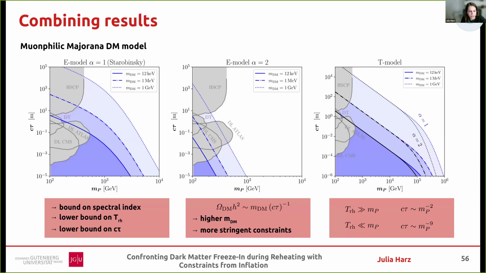And this is then what you see in this plot: even if I would not overproduce dark matter, I can only do it with a reheating temperature that is too small to be in agreement with the range of the spectral index that I get from Planck. So in other words, depending on the inflationary model, I'm not free anymore in the choice of the reheating temperature in order not to overproduce dark matter, as I'm constrained by the Planck data.